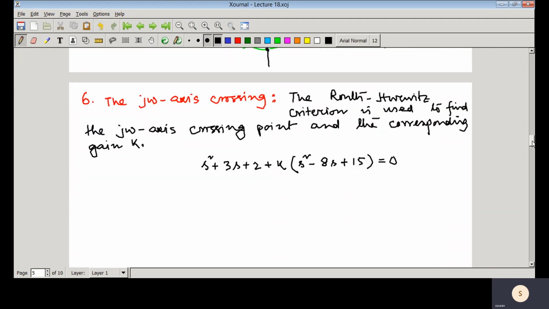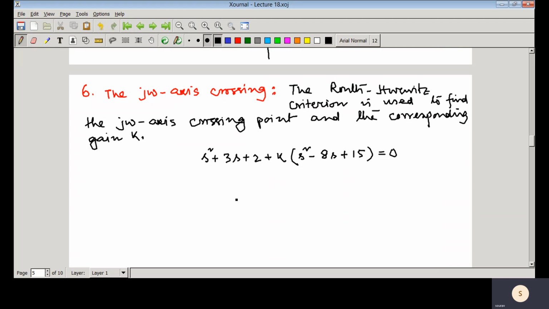Taking s square common, we get (1+K)s square plus s(3 minus 8K) plus (2 plus 15K) equal to 0.